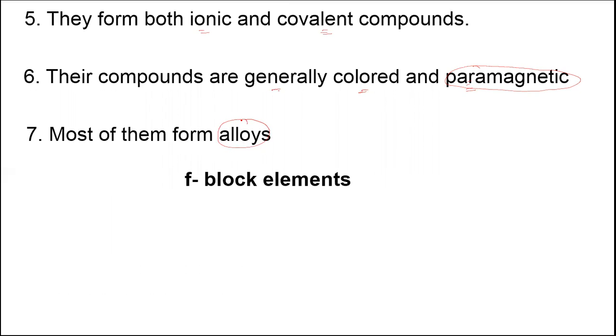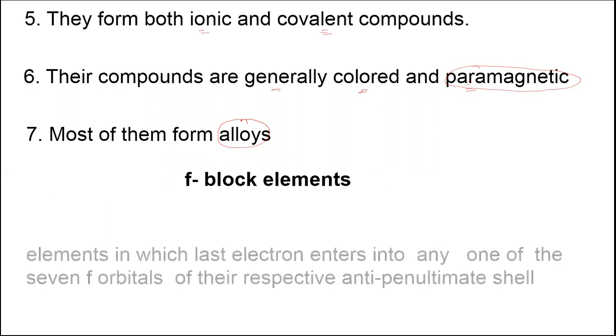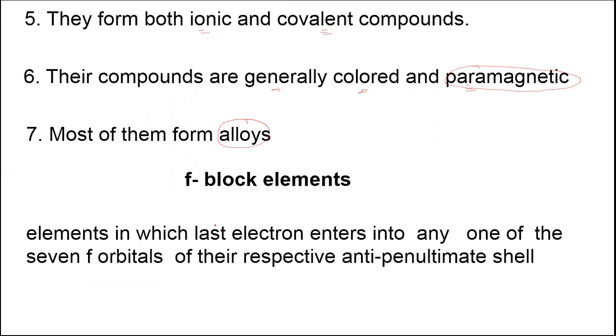Now we will discuss about the f block elements in which last electron enters into any one of the 7 f orbitals of their respective anti-penultimate shell, that is n minus 2 shell, is known as f block element.